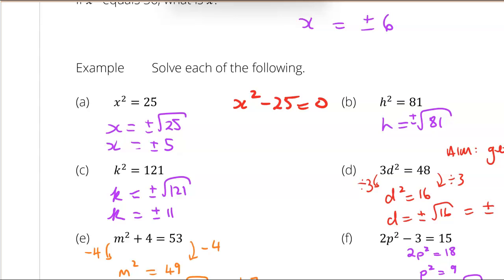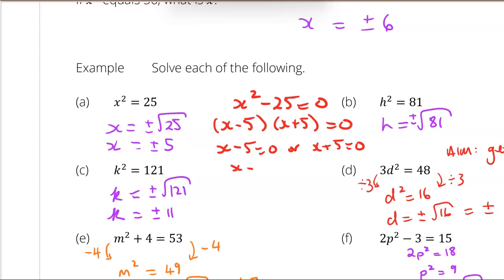How do I factorise a difference of squares? Don't I do x take 5 and x plus 5 equals 0? Yes. And so, if we solve x take 5 equals 0 or x plus 5 equals 0, don't I have x equals 5 or x equals -5? Same deal. Right, so that's how we make that connection.